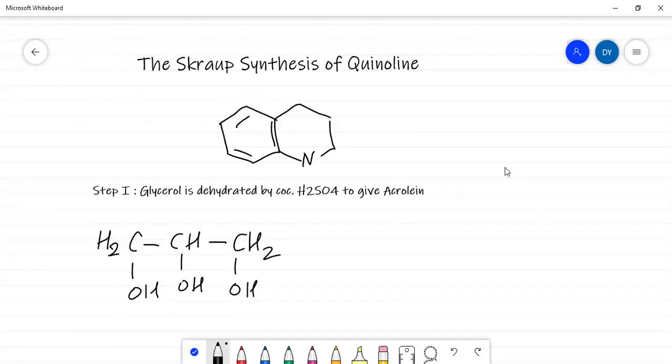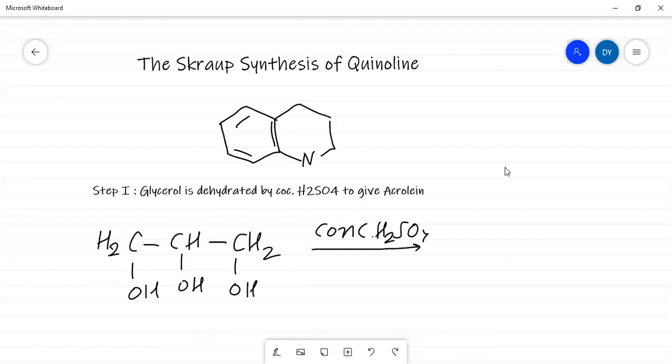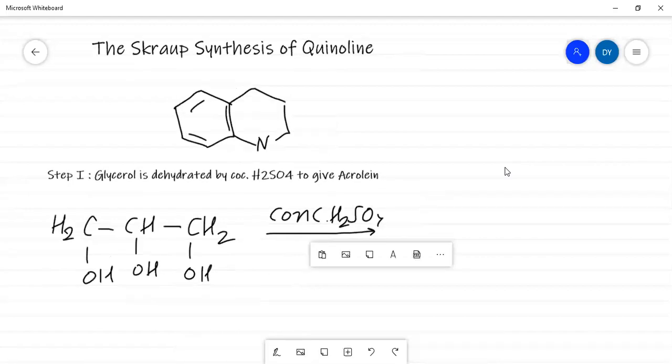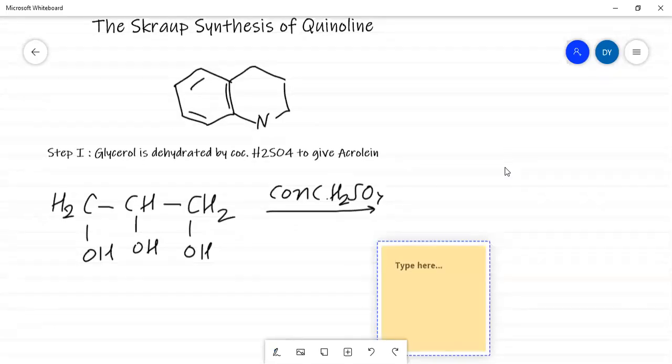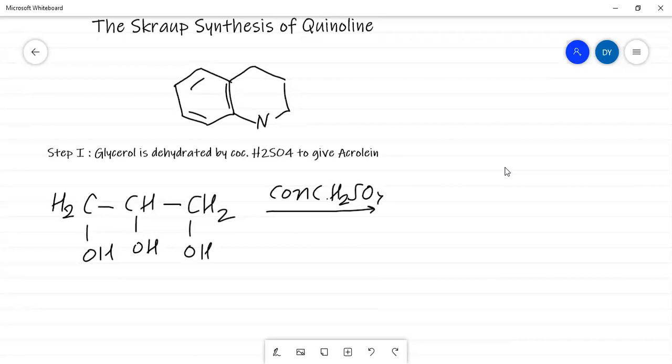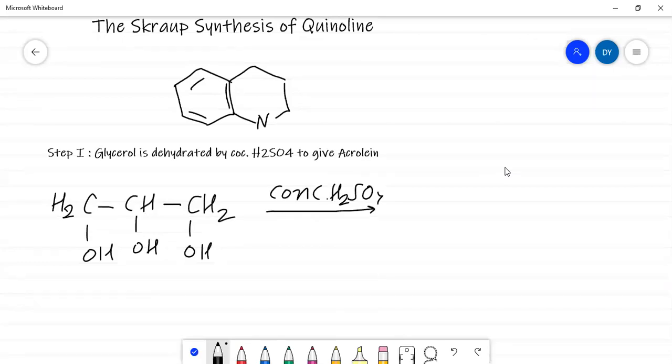After that, here we have to add concentrated sulfuric acid. Now what is the use of this concentrated sulfuric acid? It is used as a dehydrating agent. Dehydrating agent means an agent or compound which removes water molecules. So how many water molecules are removed?